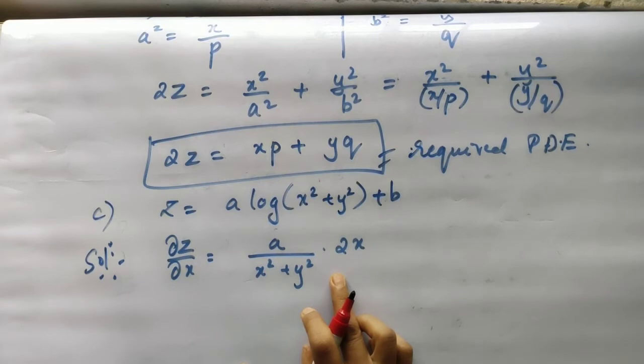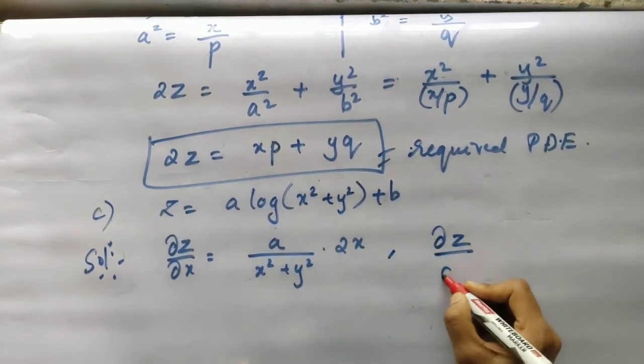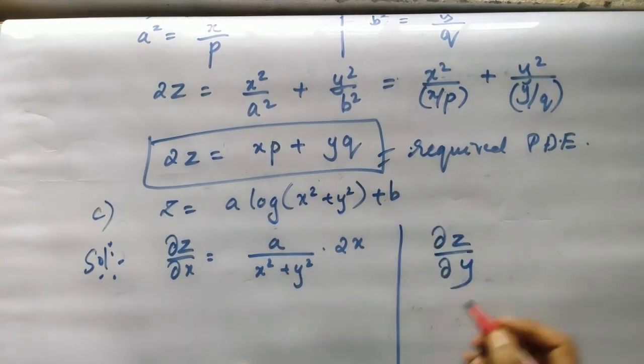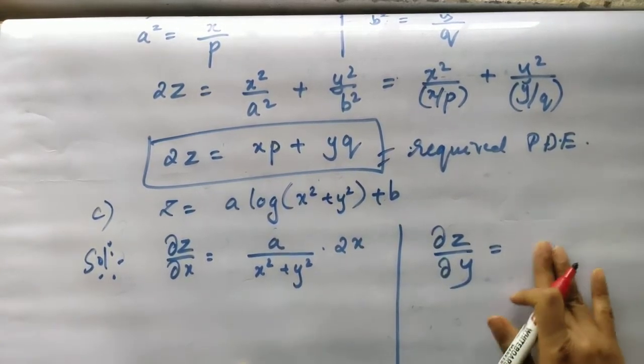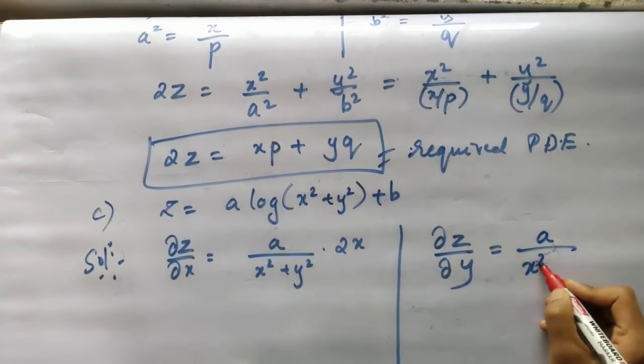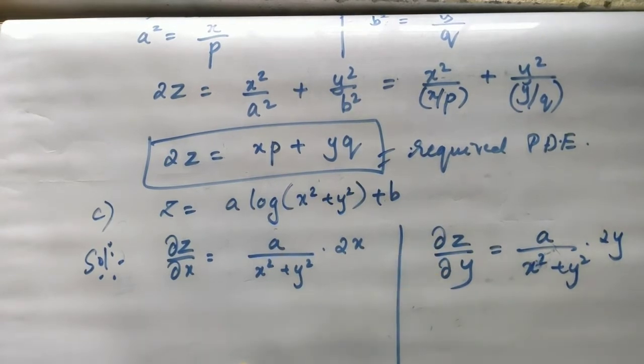Similarly, what is dou z by dou y? It will be a as it is, divided by x square plus y square into 2y. Derivative of b is 0.